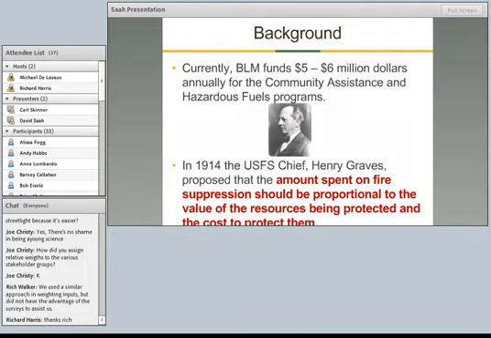So, a little background. BLM currently, or I don't know what's happening these days, this past couple of weeks, but they've been funding these community systems and hazardous fuel programs at the rate of $5 to $6 million a year. And if you go back to 1914, Chief Graves from the Forest Service made a statement that was interesting and still holds to today: the amount spent on fire suppression should be proportional to the value of the resources being protected and the cost to protect them.